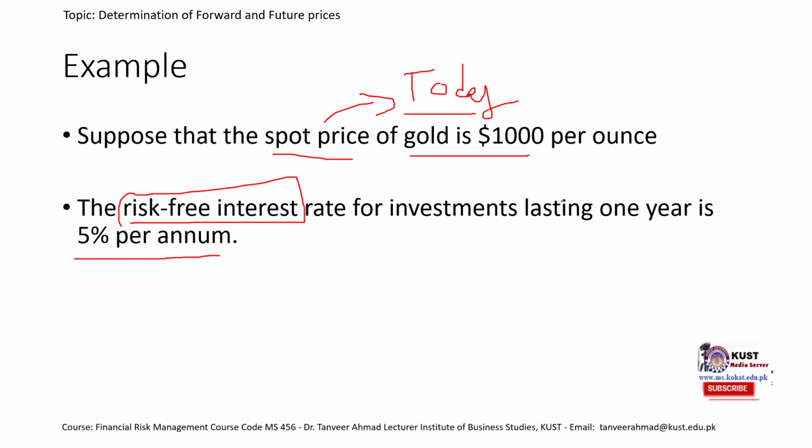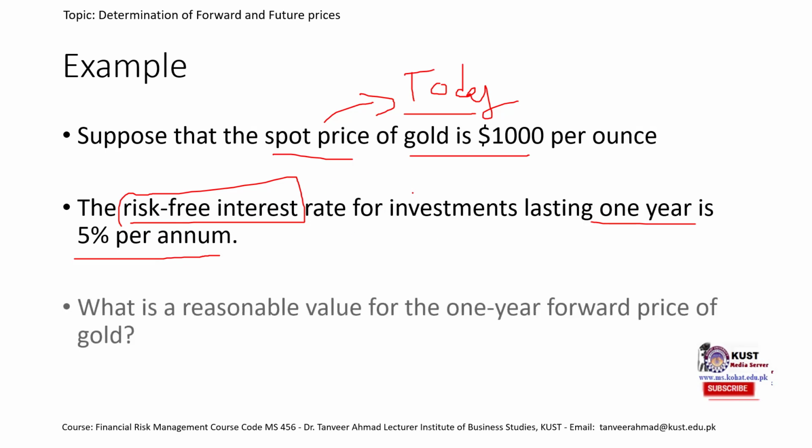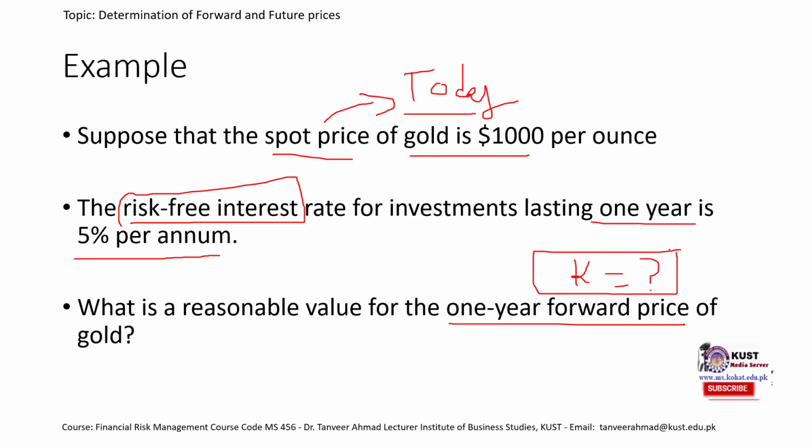This is the annual risk-free interest rate. So based on this idea, what is the reasonable value for the 1 year forward price of gold? So remember, we need to calculate K, which is the forward price, but currently we aren't going to calculate K, we just are going to develop the theory.